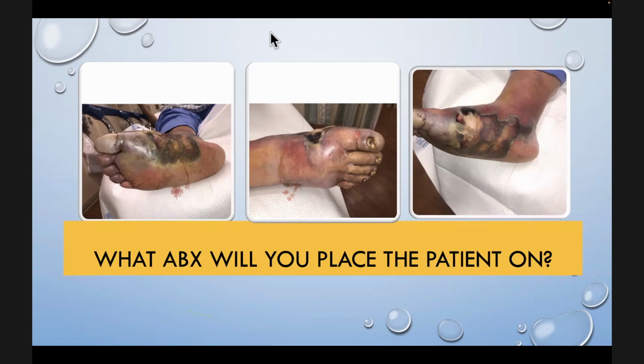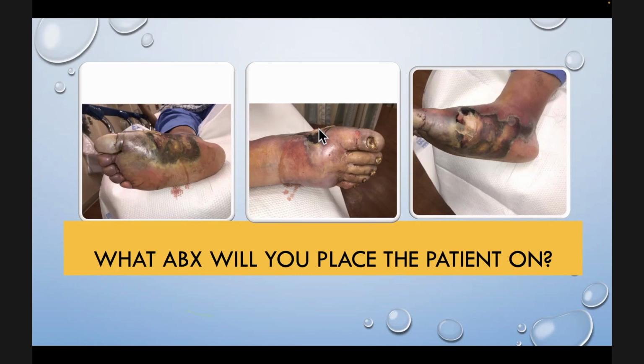What is stage 1? Anyone? Stage 1? Anyone? I'll call names. I don't like doing that. I don't want to do that to you guys. It's stage 1 of what? What is the stage 1 of IDSA classification?